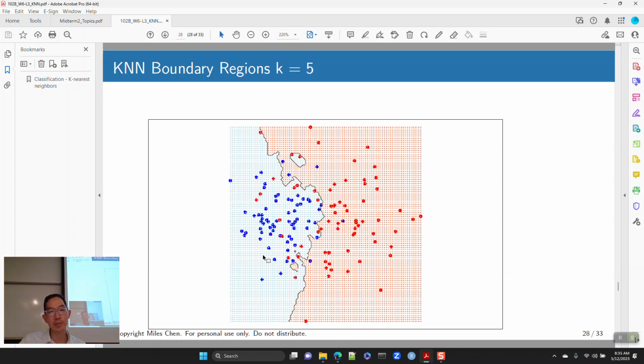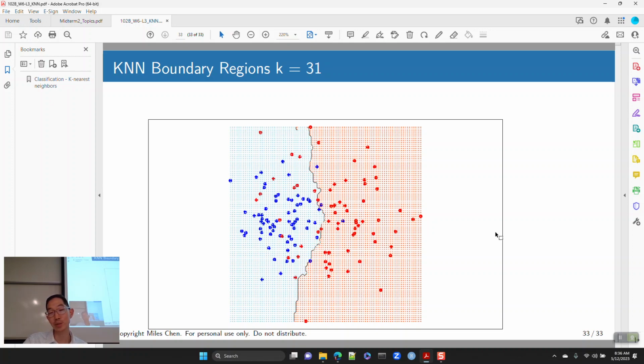But as I bump it up to k equal to 5, now you get a little bit more of a clearer boundary. Again, smoothness isn't the right word, but it's less influenced by just 1 or 2 stray, individual dots out there, okay? For k equal to 7, it looks like this. K equal to 9 looks like that. And so now you start to get a better defined boundary. Here's k equal to 15 and k equal to 21.